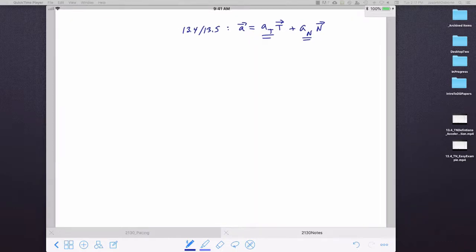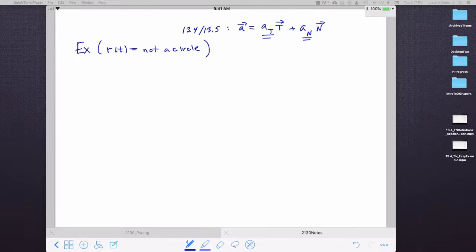I just wanted to do another example where the curve r of t is not a circle. Not a circle was one of the last examples. So let's take a look here.